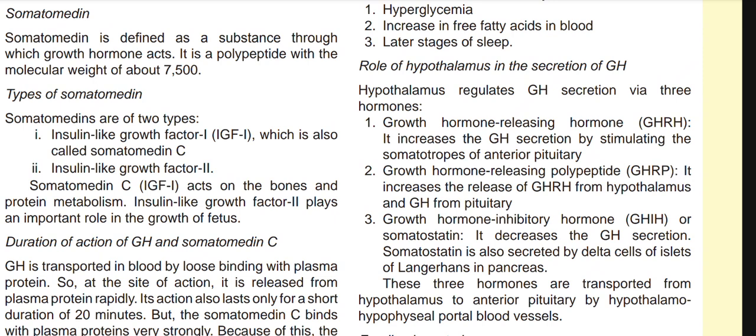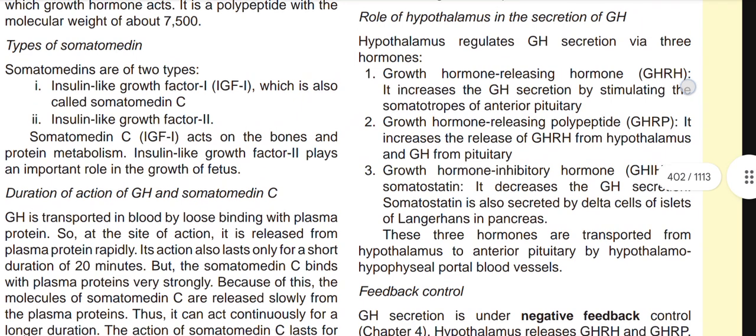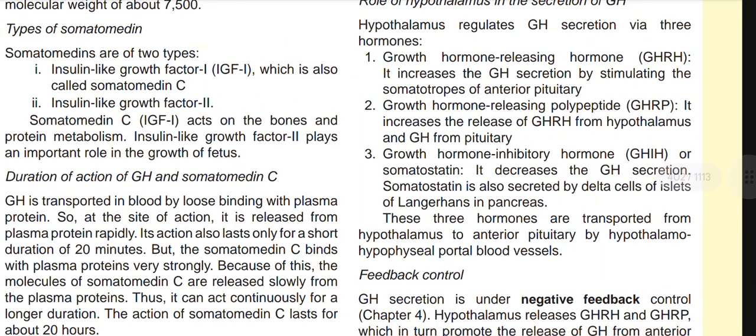Growth hormone releasing polypeptide increases the release of growth hormone releasing hormone from the hypothalamus and growth hormone from the pituitary. Growth hormone inhibitory hormone, or somatostatin, decreases growth hormone secretion. Somatostatin is also secreted by delta cells of the islets of Langerhans in the pancreas. These three hormones are transported from the hypothalamus to the anterior pituitary by hypothalamo-hypophyseal portal blood vessels.